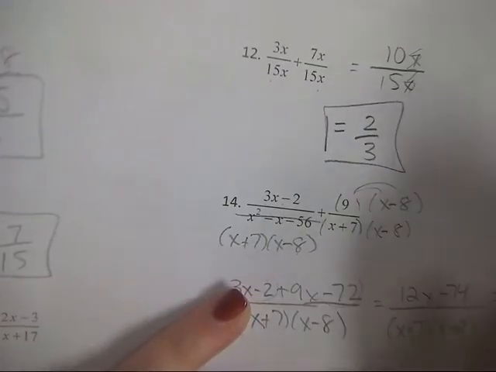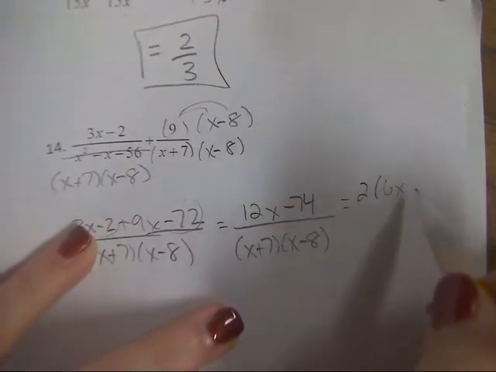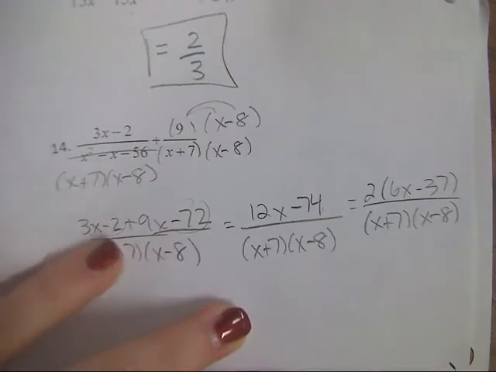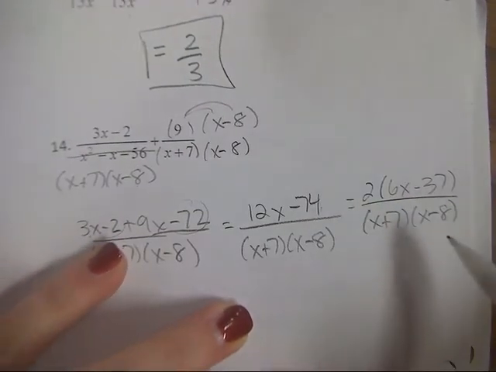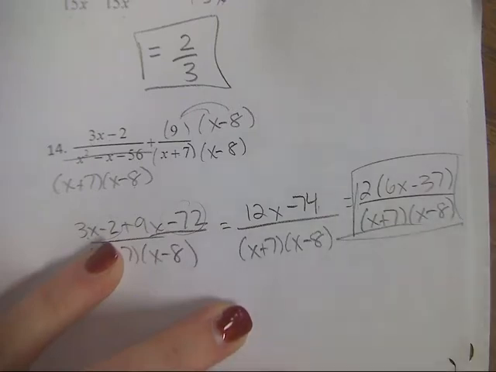So I could factor this one more time. Doing this assures me that there's nothing else I can cancel. If I did this step and I was able to cancel something out, then I would. But I see that I don't have any common factors, so that's my final answer.